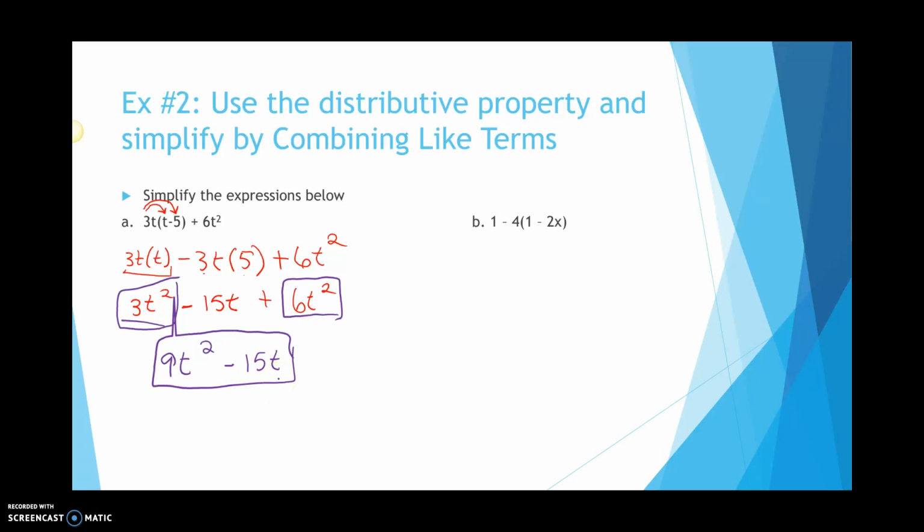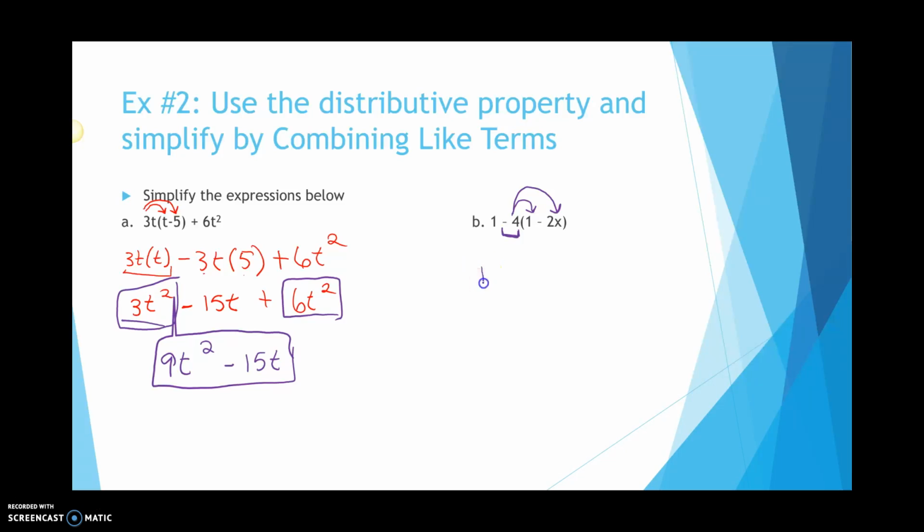Let's practice one more example here. For b, we have 1 minus 4, and in the parentheses 1 minus 2x. You can think of this as a minus 4 because there is a minus in front of the 4, so think of this as negative 4 times 1 and negative 4 times negative 2x.